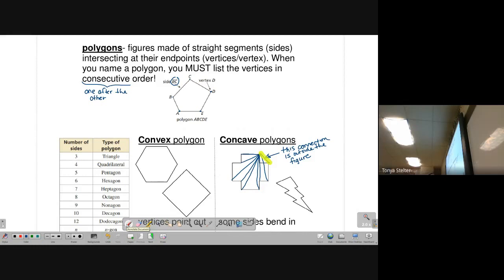Convex, all the corners bow out instead of in. So if I take this vertex and I connect it to each of the other ones, that connection, that connection, that one, and that one, all of those connections fall either inside or on the polygon.